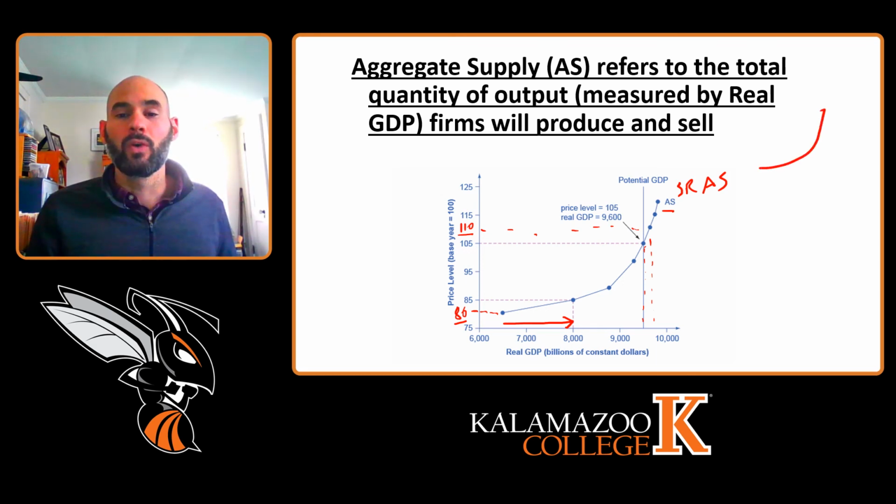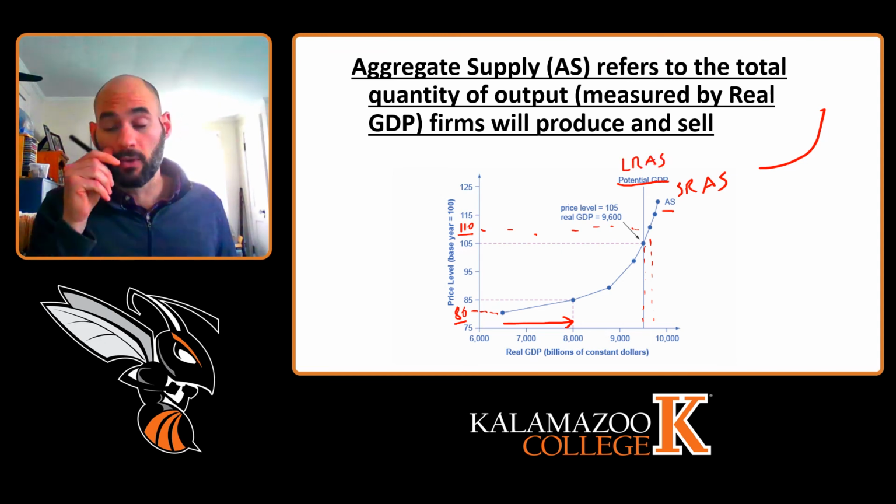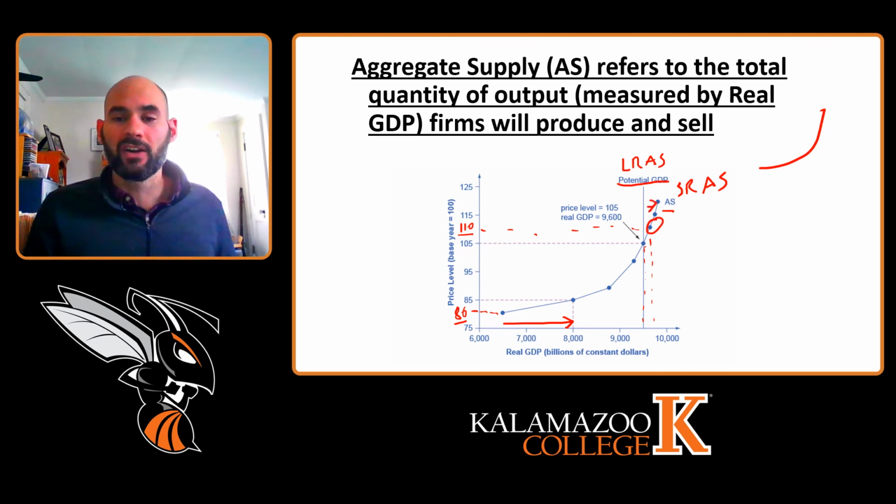And so it's also important to note that it is able to cross the potential GDP curve, which we're going to think of as being the long run aggregate supply, in the short run. And so it's going to be possible to have an equilibrium which is to the right of the long run aggregate supply curve in the short run, but that in the long run that's not going to be sustainable. And so there is this difference between the short run aggregate supply, long run aggregate supply, and we'll talk about that more here in a little bit.